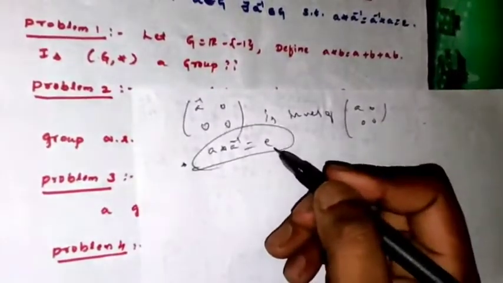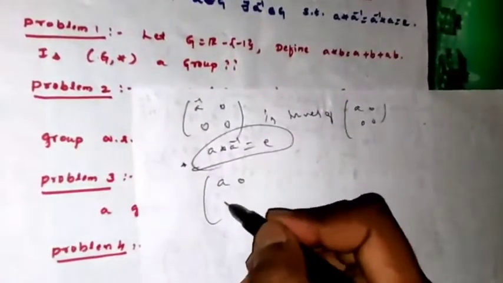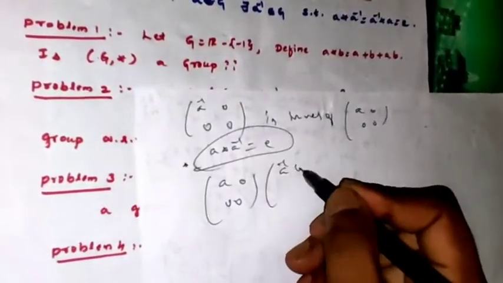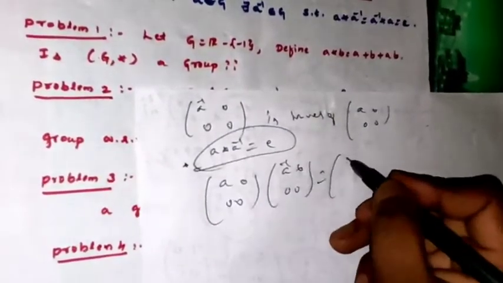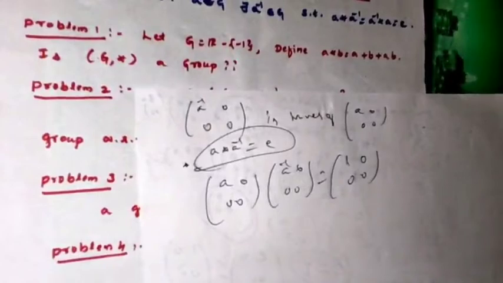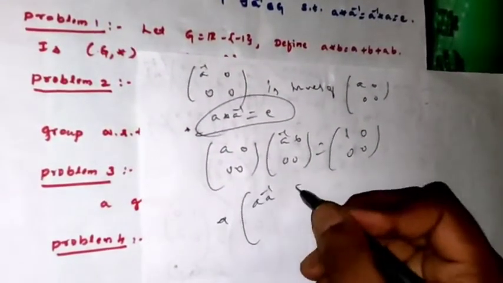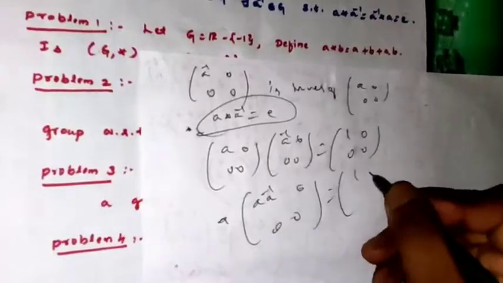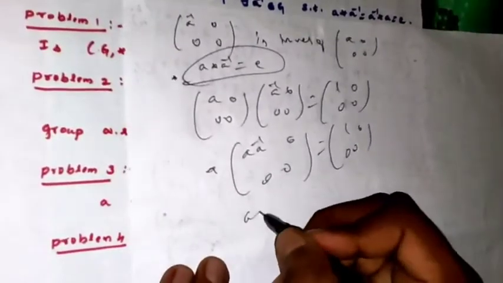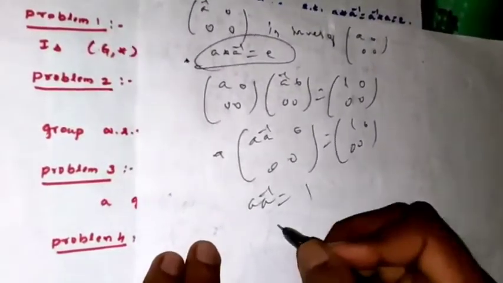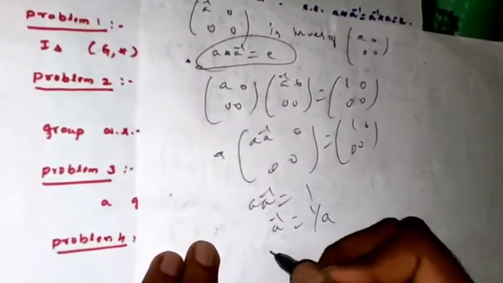This is the condition, we know that. That means [a 0; 0 0] times [a inverse 0; 0 0] is equal to the identity [1 0; 0 0]. Multiplying, we get [a·a inverse 0; 0 0], which is equal to [1 0; 0 0]. That means a inverse is equal to 1, so a inverse is equal to 1 by a.